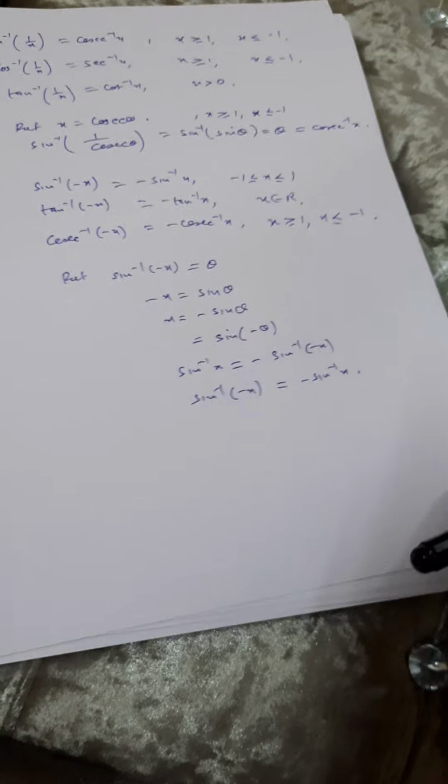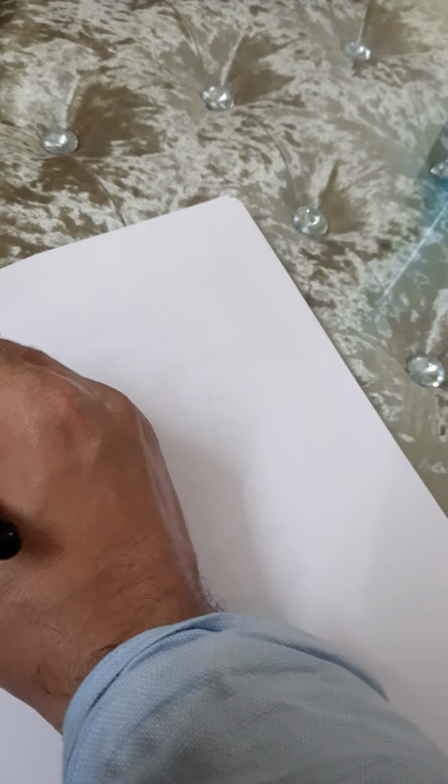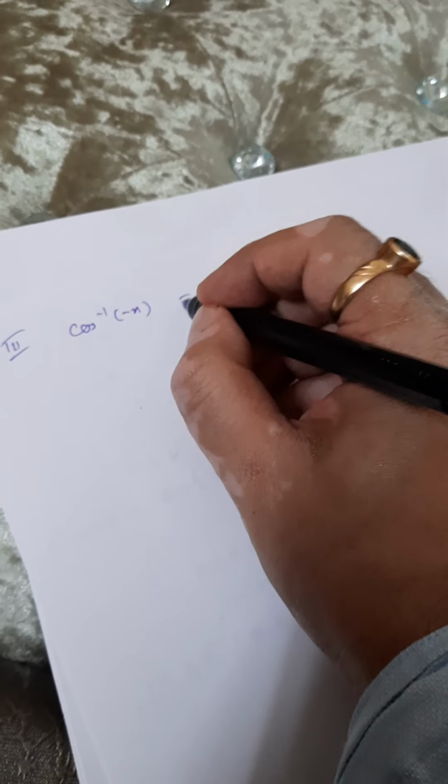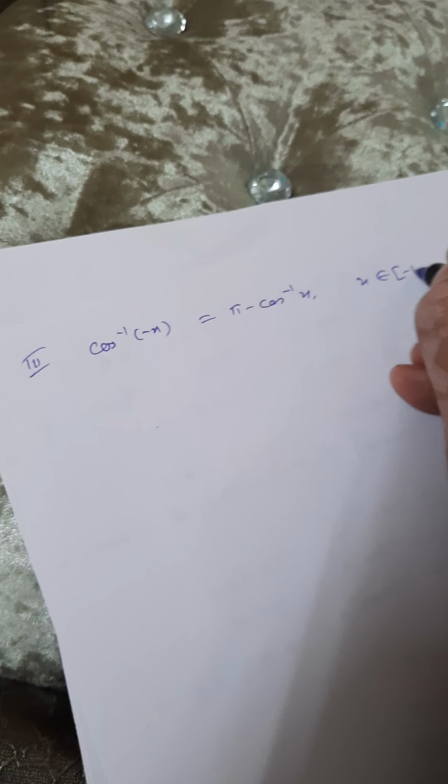Now similarly, the third case is: cos inverse minus x is pi minus cos inverse x, x lies between minus 1 and 1.